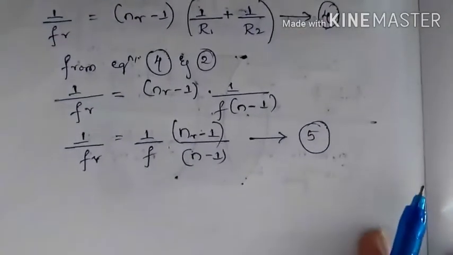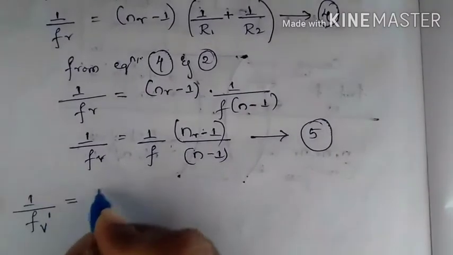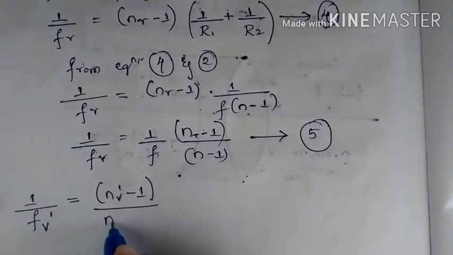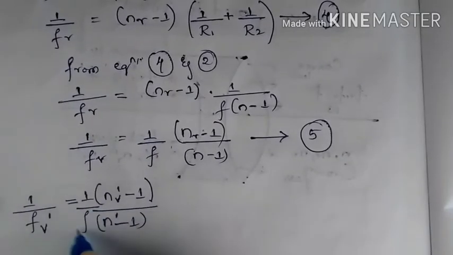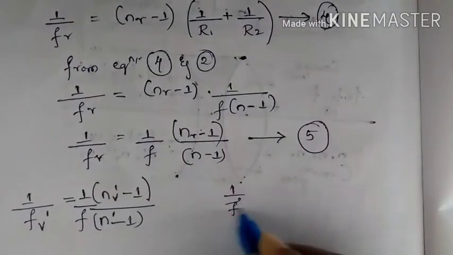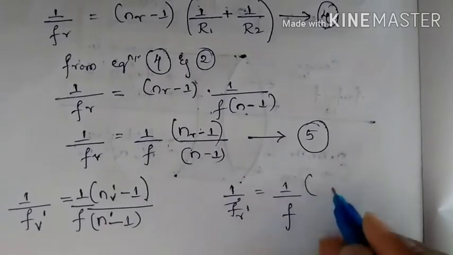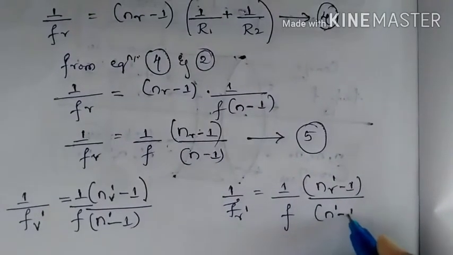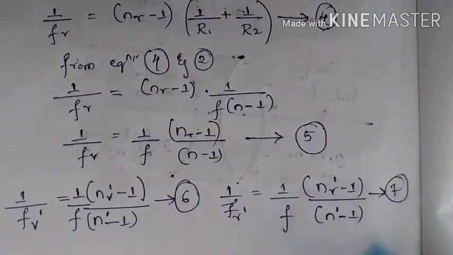So let us write them directly. 1 divided by Fv prime will be equal to 1 by f prime times (Nv prime minus 1) divided by (N prime minus 1). And for 1 by Fr prime, you have 1 by f prime multiplied by (Nr prime minus 1) divided by (n prime minus 1). So let this be equation number 6 and this be equation number 7.